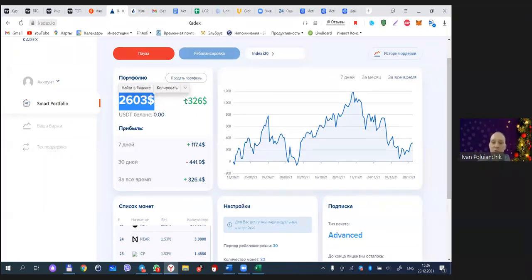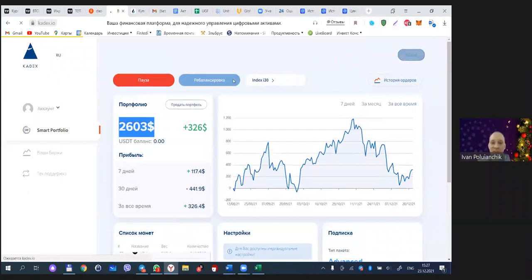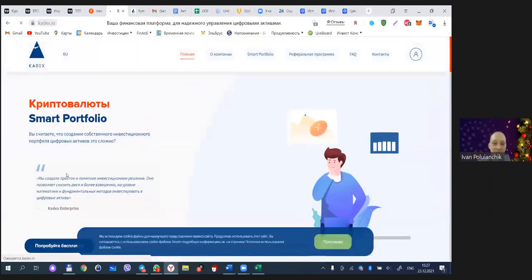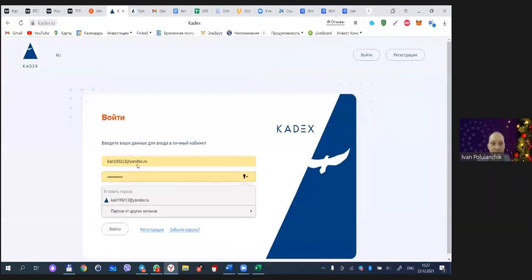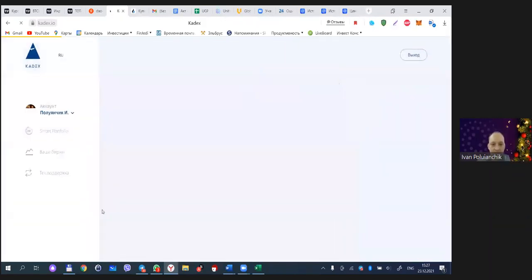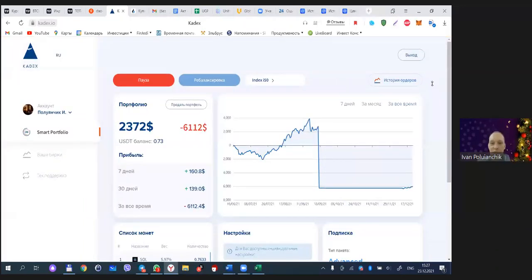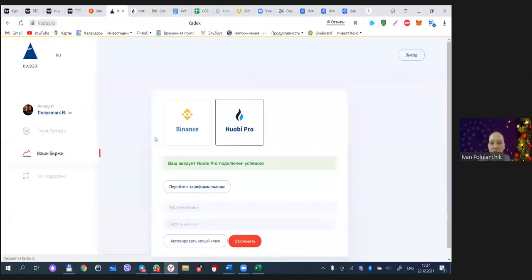Why? Because at Binance, many transfer tokens from one wallet to another. If you don't use Binance actively, then do your monitoring. My portfolio looks a bit strange. I will show it to you for you to understand what I'm talking about. Look, this is what I have, minus 6,000, but actually plus 73, because I topped up 2,400.